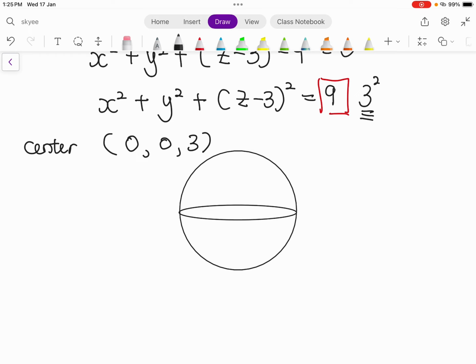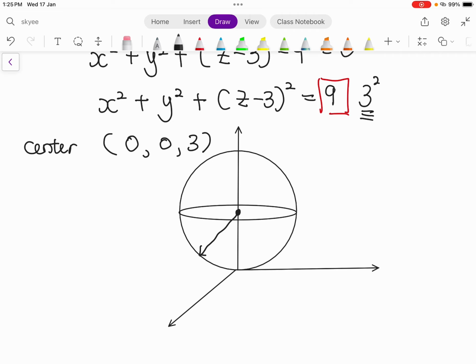So let me draw it out. Something like this. This is the center, (0, 0, 3), and the radius is 3. So this is a sphere.